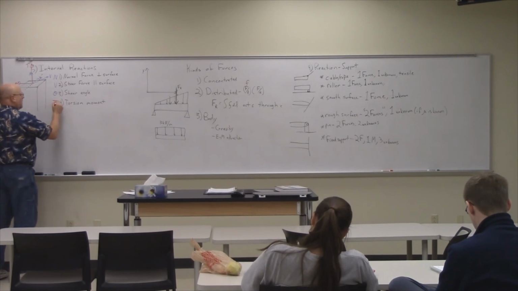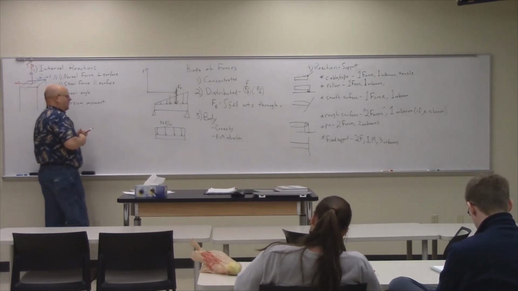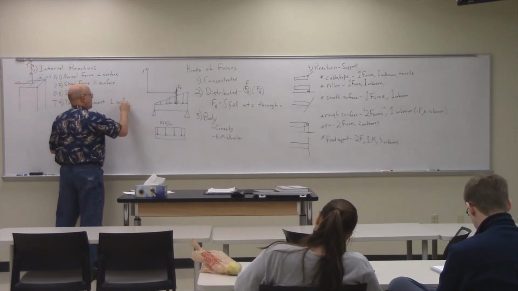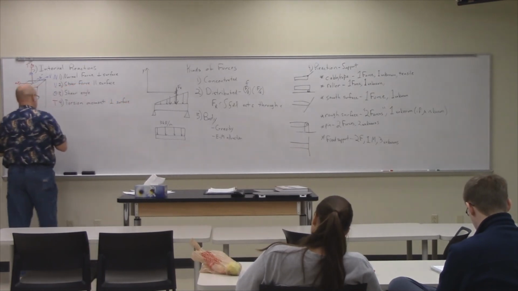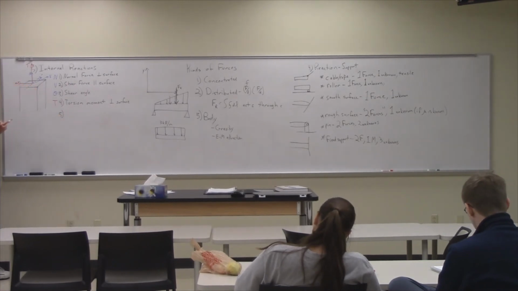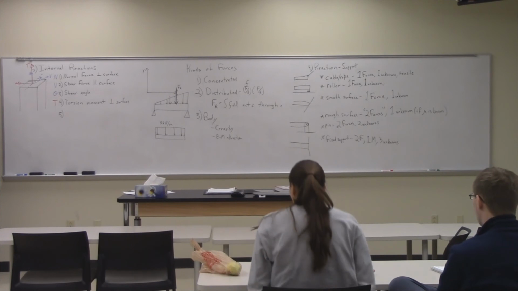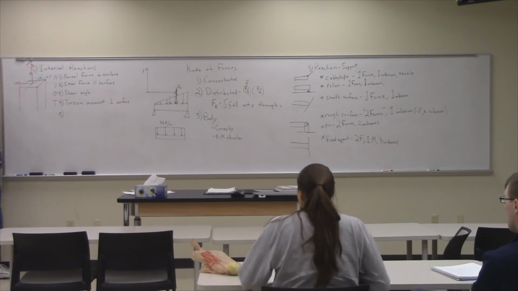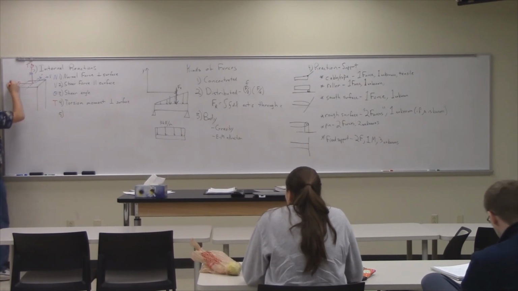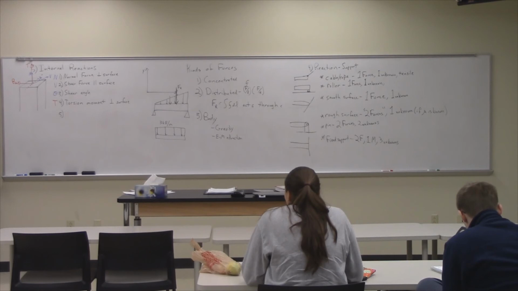Torsion moment is defined as a moment about an axis perpendicular to the surface. Then what's the other one called? That's the torsion moment. What's this one going to be? How else can we deform something? Bending moment? Very good. Do you guys remember the words torsion and bending from last year? Okay.